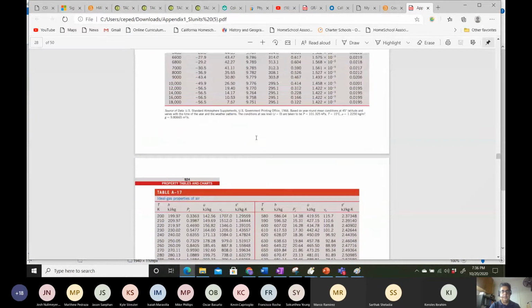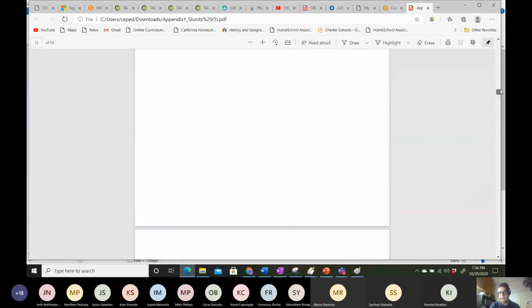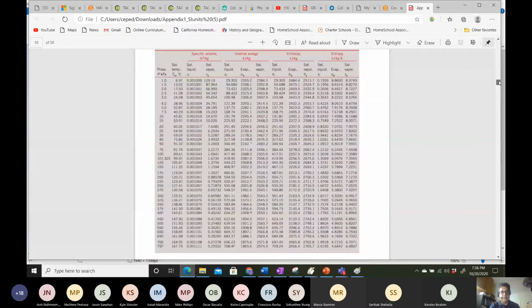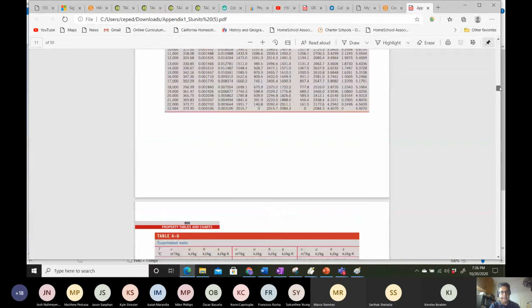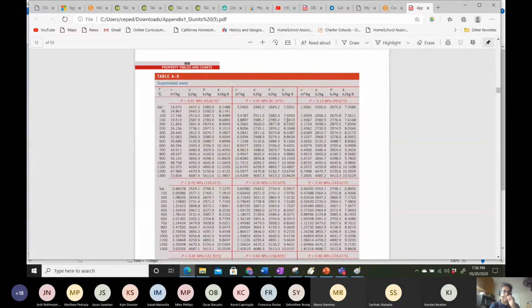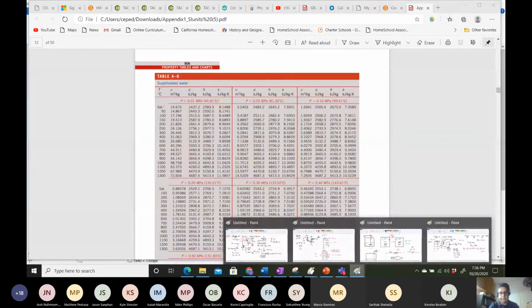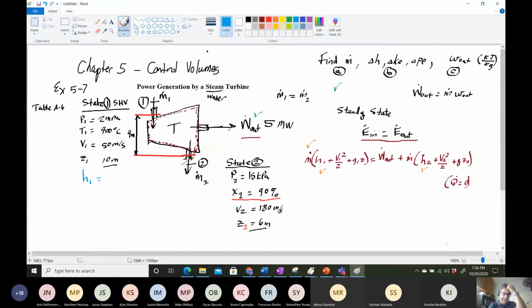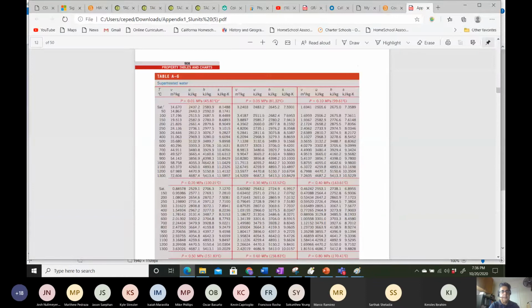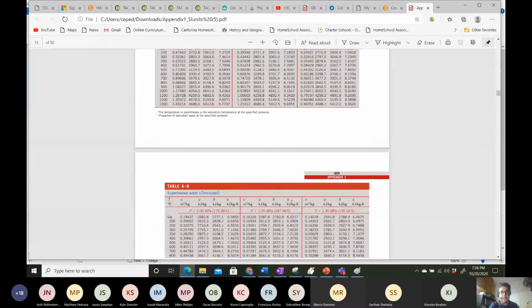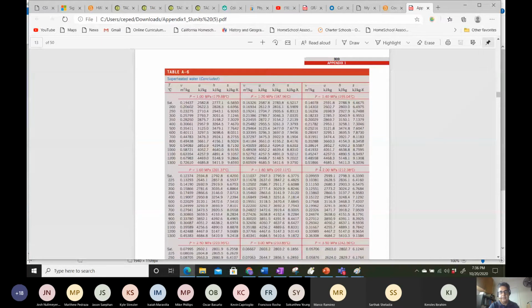I think it's here. Let's go to A6. Okay, we know it's A6 because it's superheated vapor. And I'll tell you why we know it for sure, but just as a rule of thumb, it's always superheated vapor. I'll show you another way to determine that. We know that the pressure is 2 megapascal and the temperature is 400 degrees. So for 2 megapascal, I have to scroll down, it's in red. Here it is. We're looking for a temperature of 400, so it's this row here.